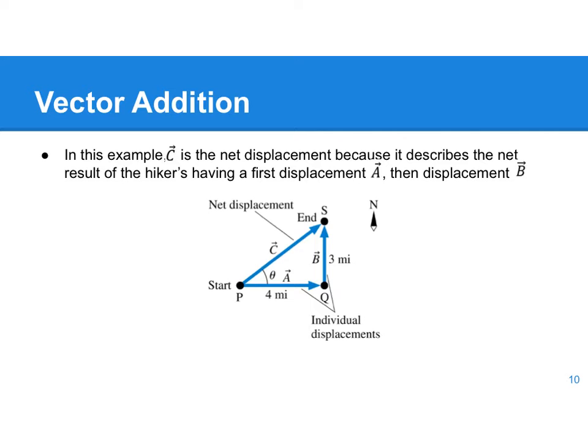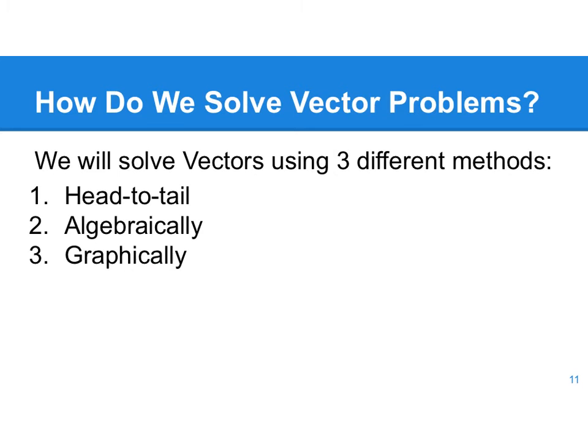So we're going to talk today about different ways that we can add these vectors together. How do we solve vector problems? The one that we just did, and we'll take a look at it again, is known as the head-to-tail method. We also have an algebraic method, which is where we break things into components. This is extremely important because we have to be able to break vectors into components.